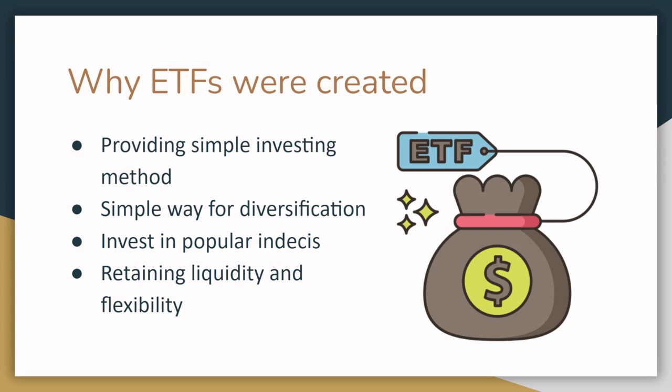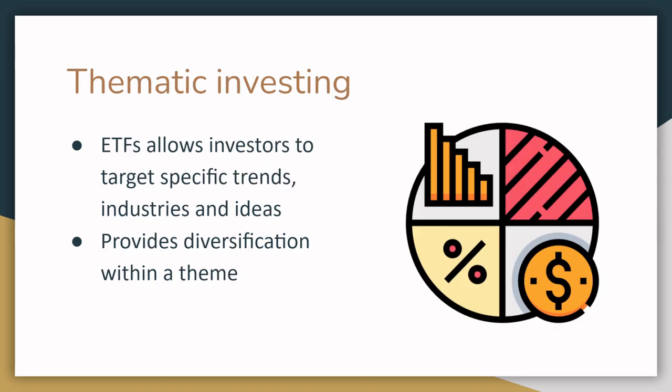ETFs have become very important for thematic investing, allowing investors to target specific trends, industries, or ideas with remarkable ease and precision. Thematic ETFs are designed to capture the growth potential of emerging themes, such as artificial intelligence, clean energy, healthcare innovation, or even societal shifts like the rise of e-commerce or electric vehicles.